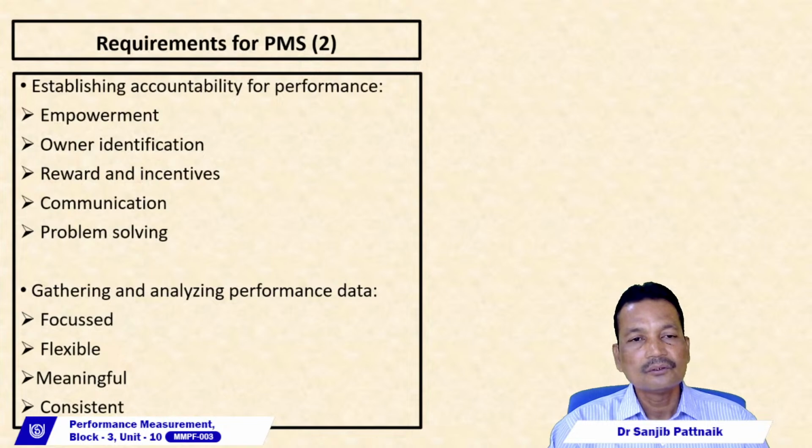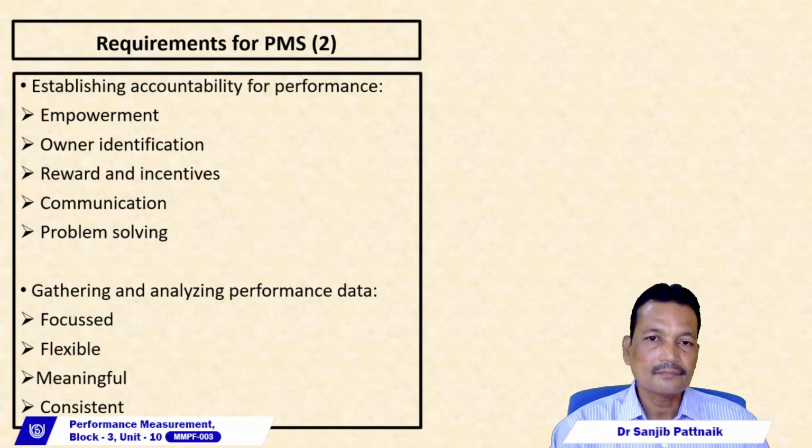Now, whenever we try to give authority to a particular manager for any activity, that means we are empowering him to carry out the activity, we should clearly identify the particular person, and we can convey to him that if you are performing according to the standards or above the standards, rewards and incentives are definitely there.